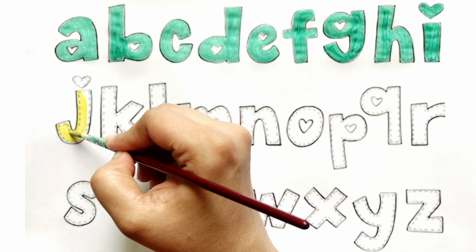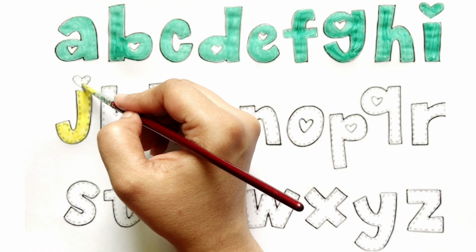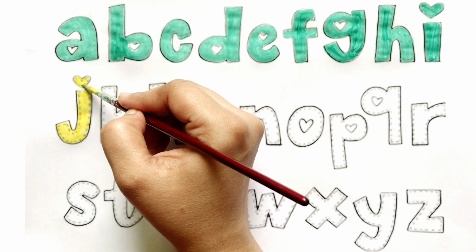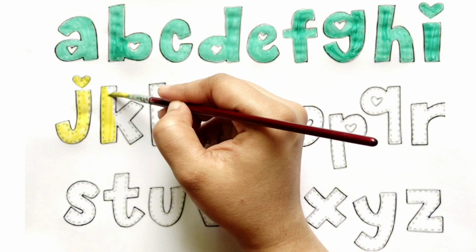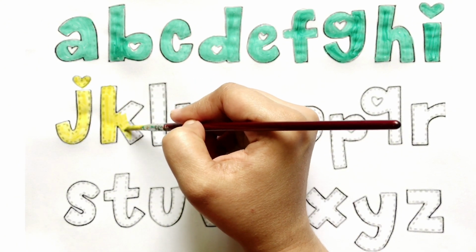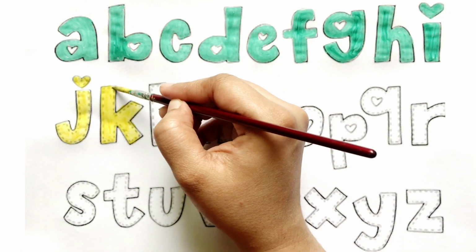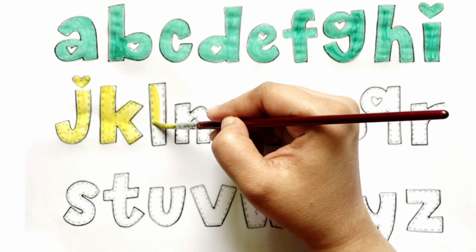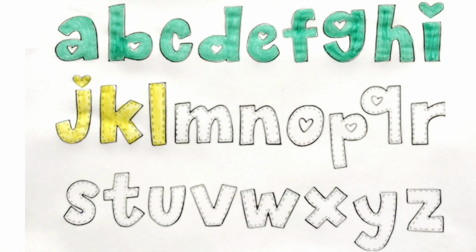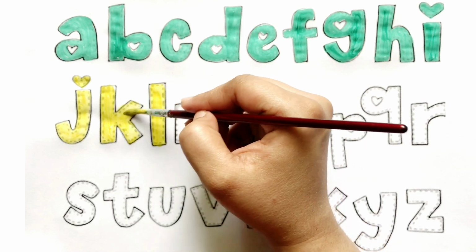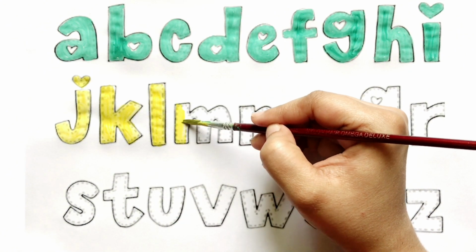J for jelly. K for kite. L for line. M for monkey.